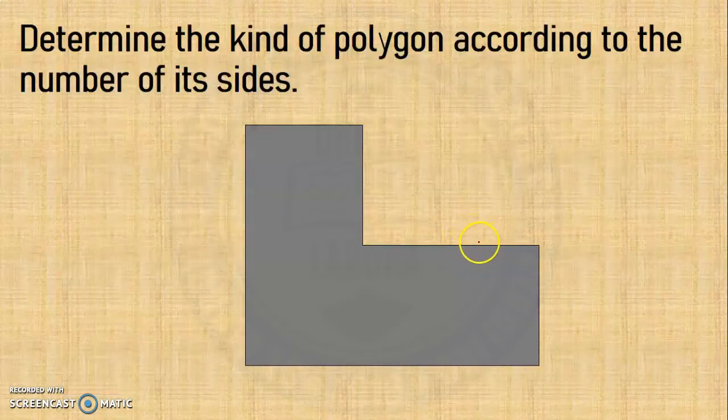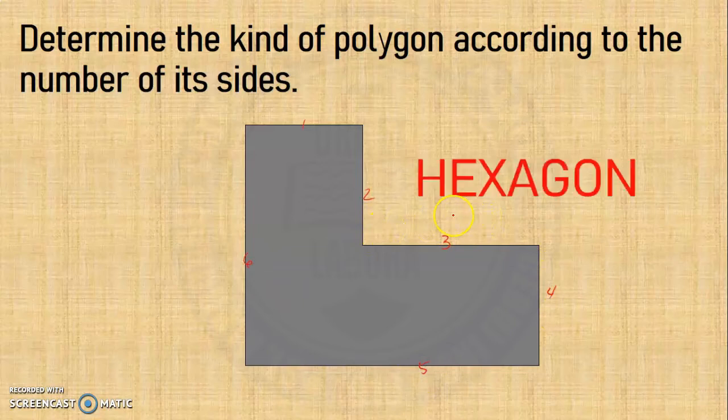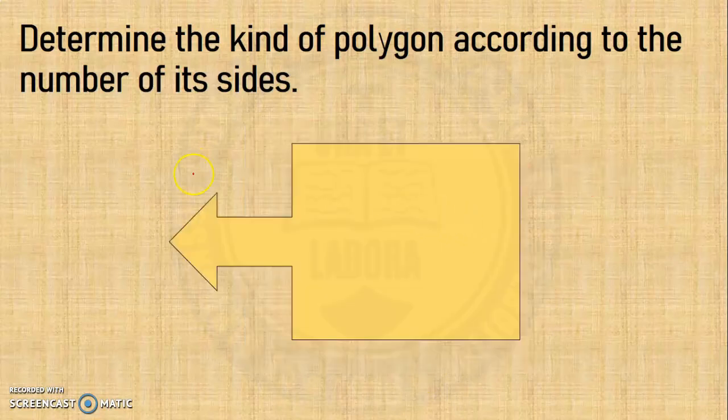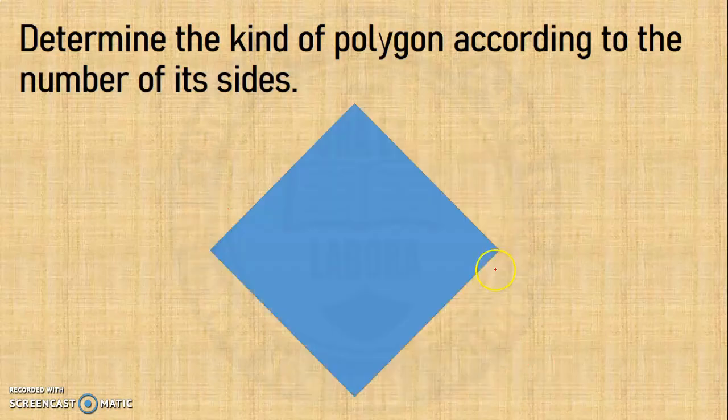Okay, now let's determine the kind of polygon according to the number of its sides. So first, let's count. 1, 2, 3, 4, 5, 6. It has 6 sides, so that means it is a hexagon. Next, this one. 1, 2, 3, 4, 5, 6, 7, 8, 9, 10, 11 sides. So this means this is a hendecagon.